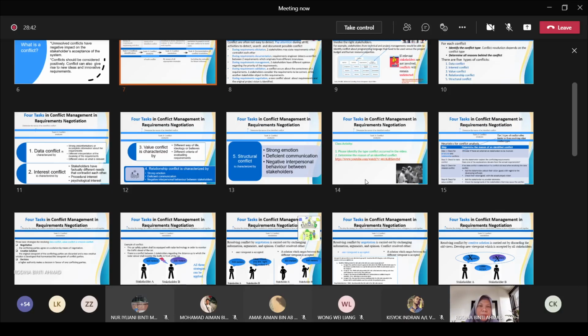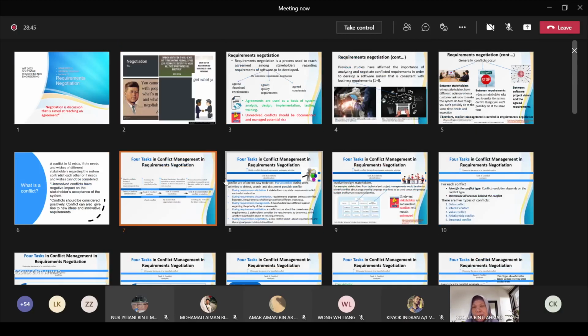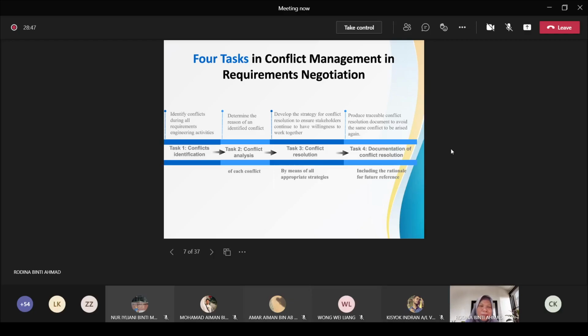And conflict can also occur during negotiation. We talked about this: a new conflict, after we resolve one, maybe there can be another one. In which we saw that the requirements are actually against the project vision, or against the target or the goal of the project. So this can also lead to some kind of disagreement between the stakeholders.